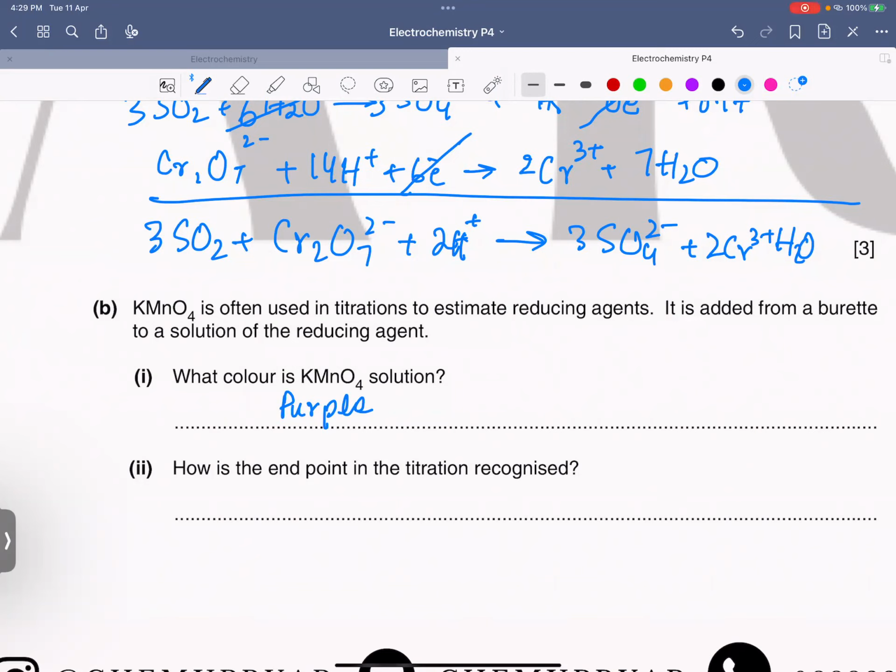What is the end point? This is the pale pink or pale purple.